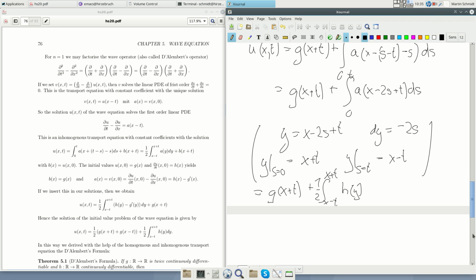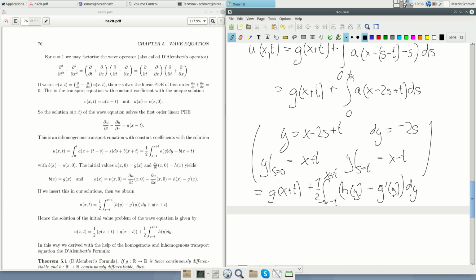Okay, so now we arrive at this formula: h of y minus g prime of y, dy. Yes, this is our solution.